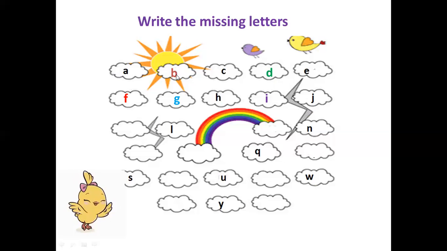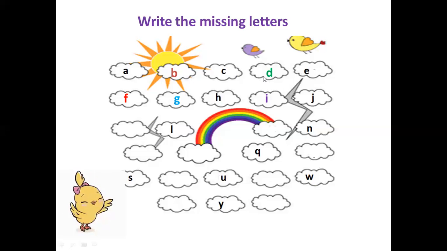A, B, C, D, E. Now let's make it sound. A, A, ant. B, B, ball. C, K, cake.